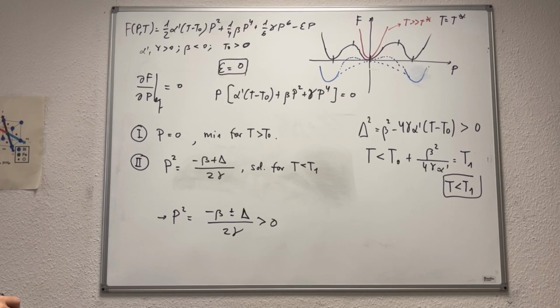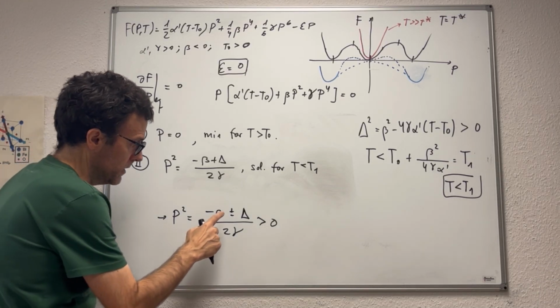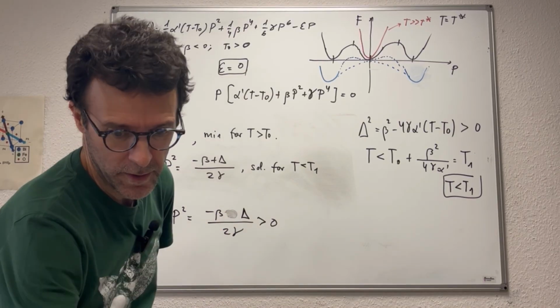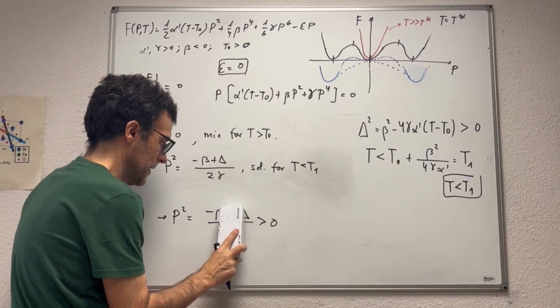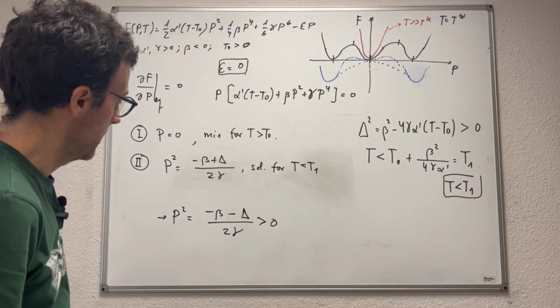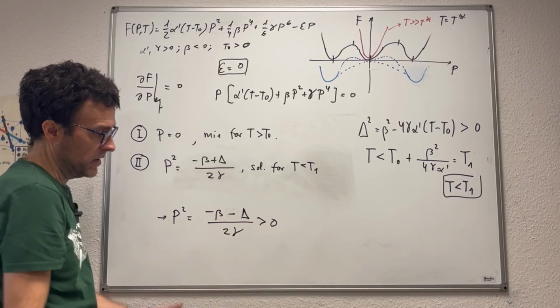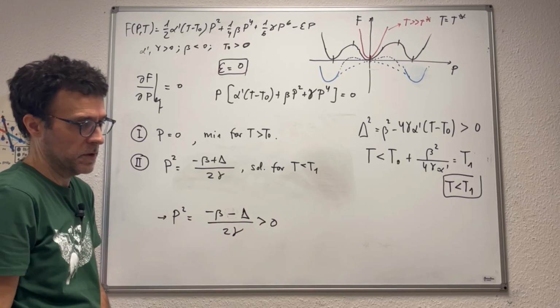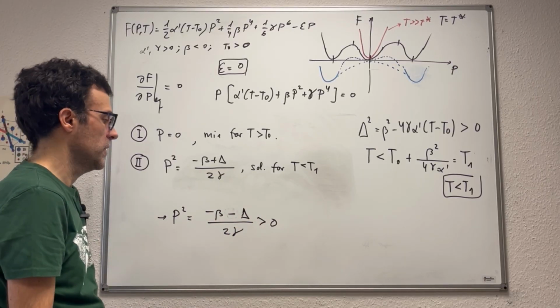All right. And now we have to worry about the other case. Let me remove the plus here. Let me stay only with the minus. So minus beta is positive, gamma is positive. So it's not obvious whether this is positive or negative, but we want it to be positive. How do we go about this?